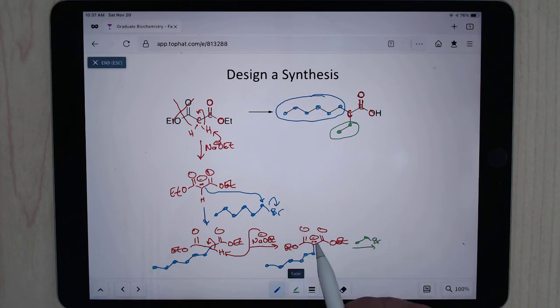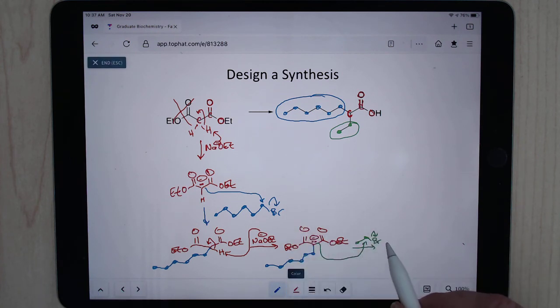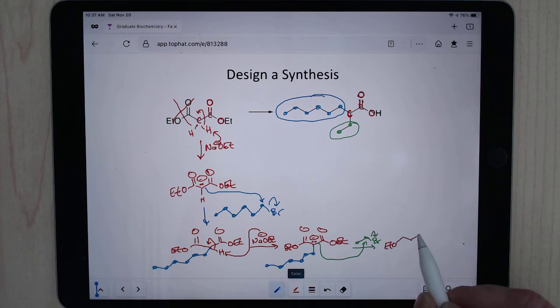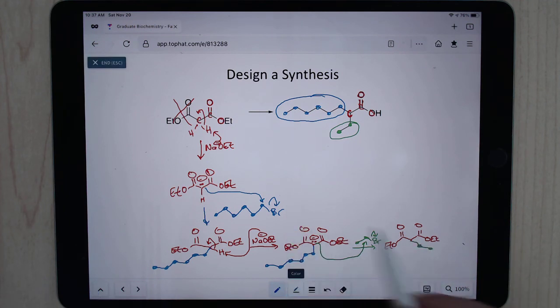That's going to attack there. Kick that away. And so we're going to have our 2 carbon piece and our 6 carbon piece.